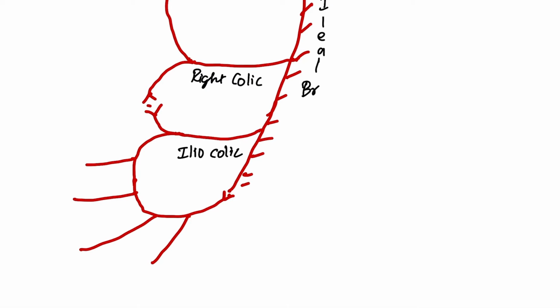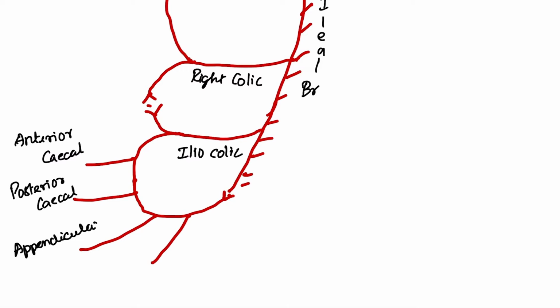Let's write about anterior cecal, posterior cecal, this is appendicular artery, this is iliac artery.